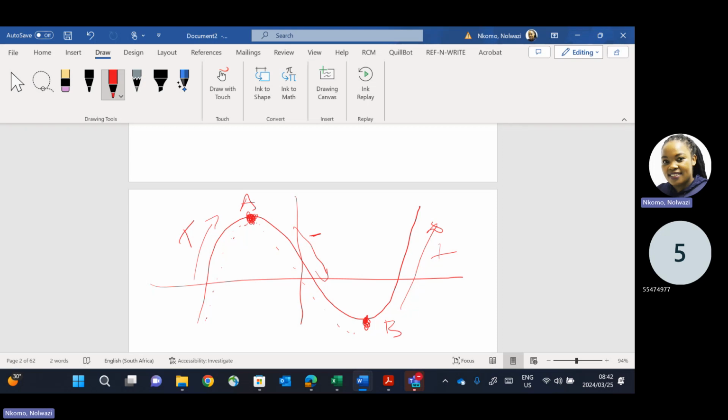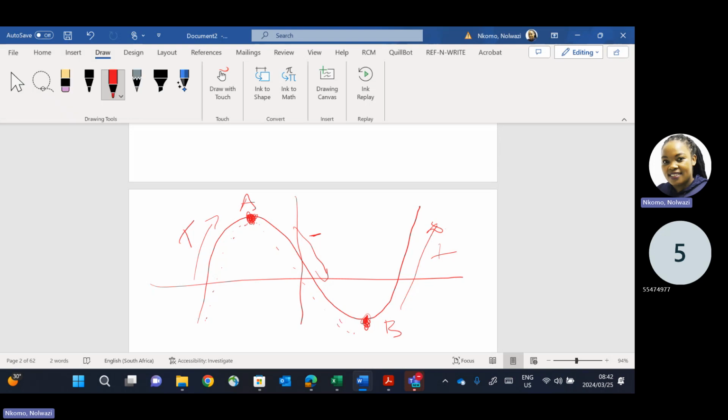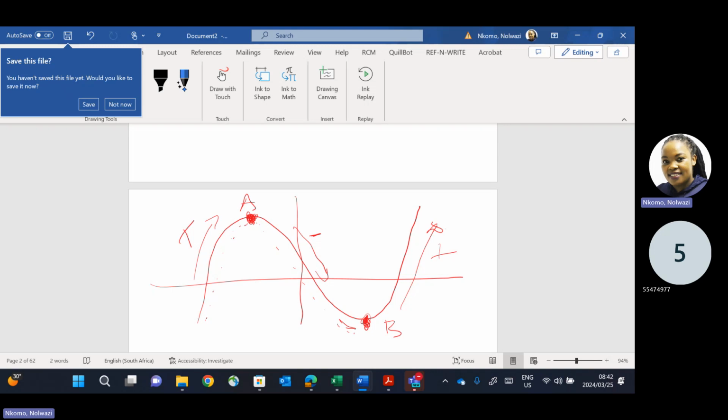So this means the slope is changing from positive to negative. Then when we move from B to positive infinity, the slope again is changing, from negative to positive, right?